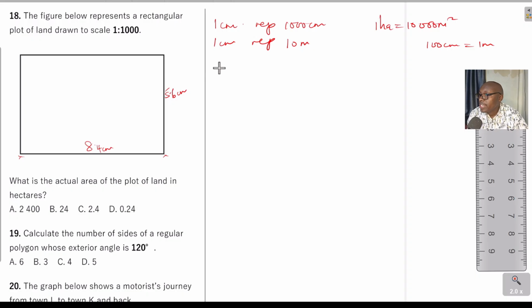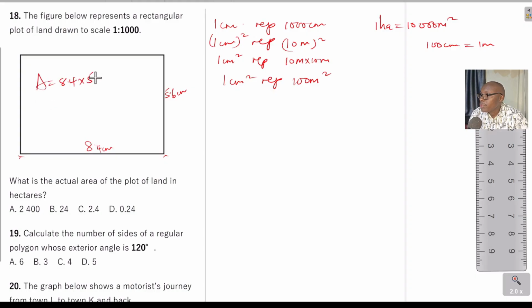Then, because you are getting the area, 1 centimeter squared will represent 10 meters times 10 meters, because we have to square this. So 1 centimeter squared represents 100 meters squared.